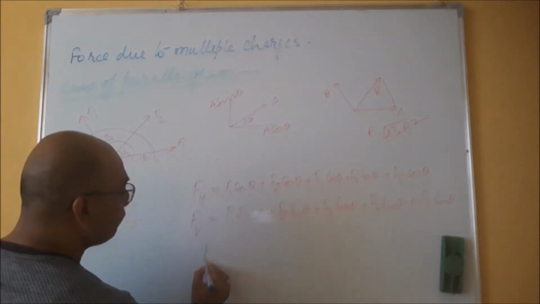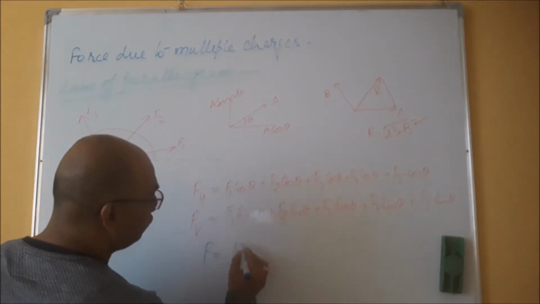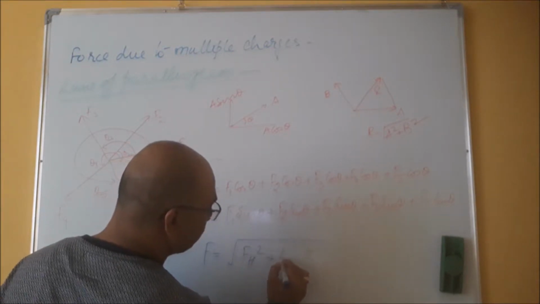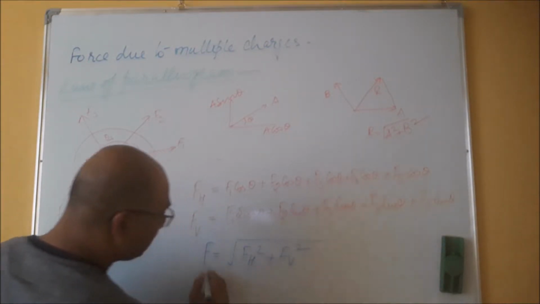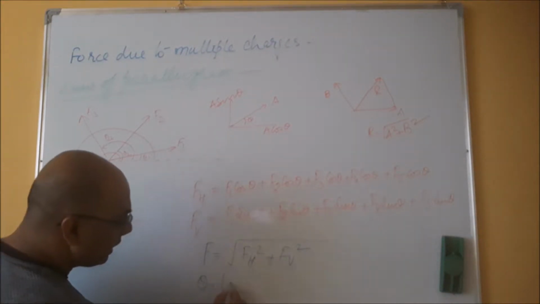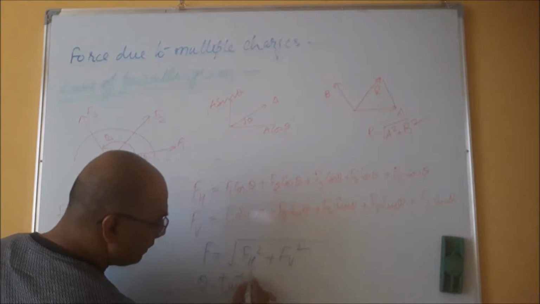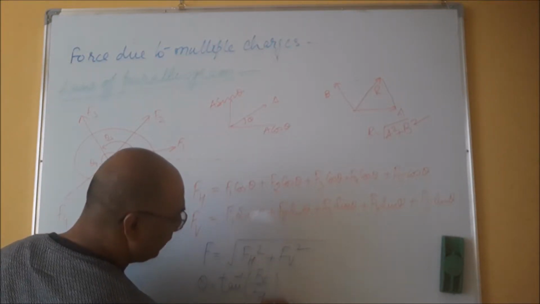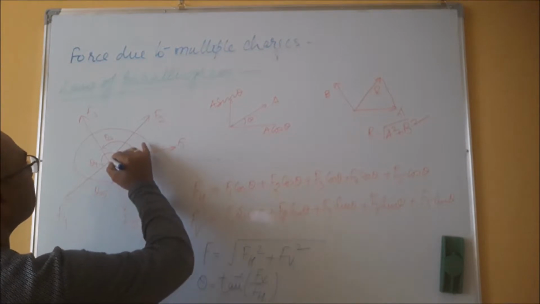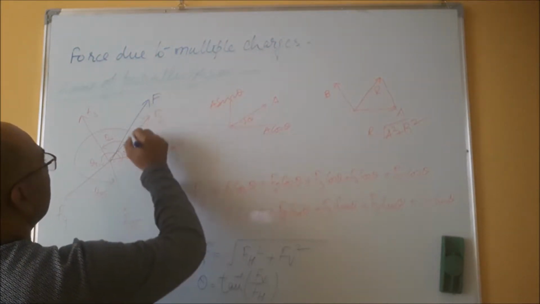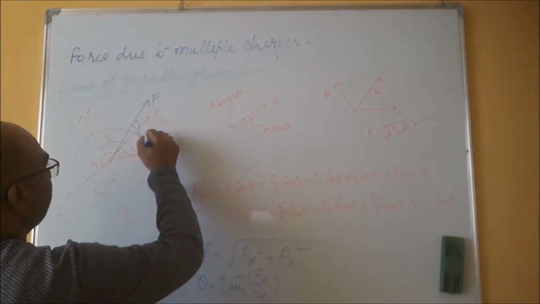Now the total force is given by under root of FH square plus FV square, and the direction of this force will be theta equals tan inverse FV over FH. Right. So let this be the final force F, and this the final theta.